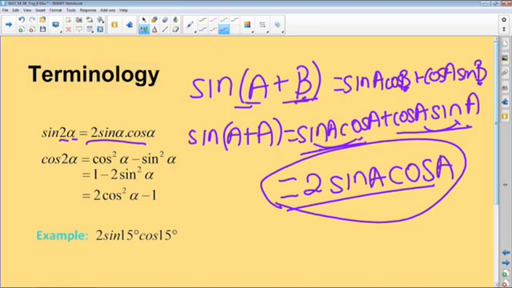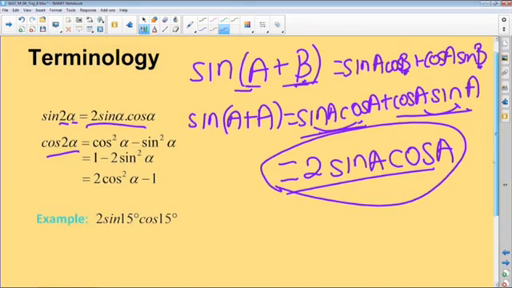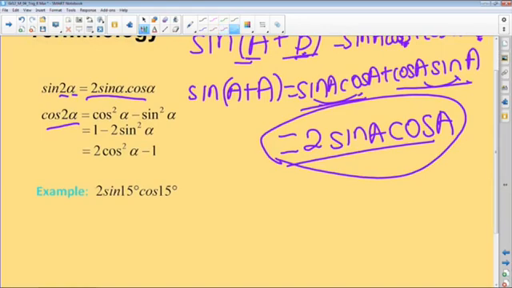Similarly, you can show that cos of 2 alpha has 3 different expansions that you can write, and they all are equivalent. So you can either have cos squared alpha minus sine squared alpha, 1 minus 2 sine squared alpha, or 2 cos squared alpha minus 1. There are 3 separate expansions that are equivalent forms of cos 2 alpha. How do we put this into practice?